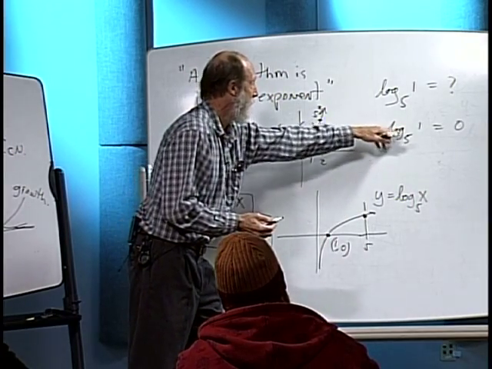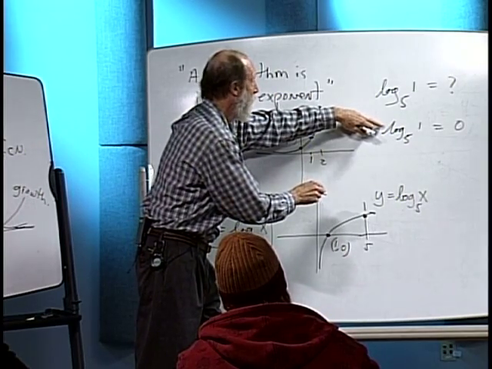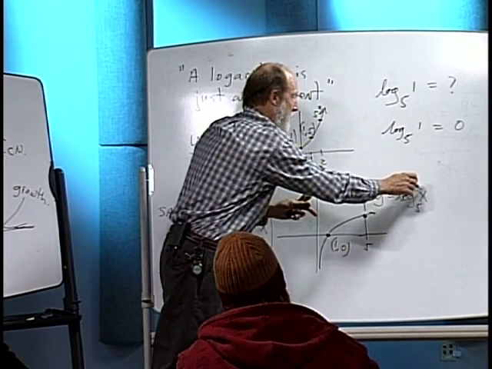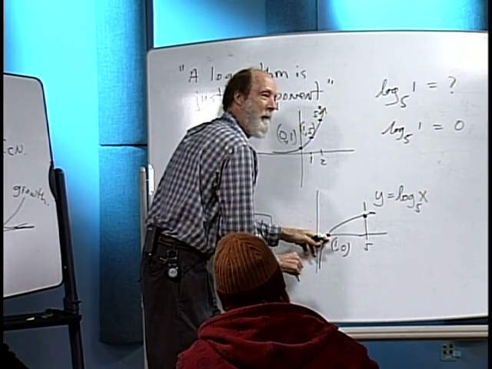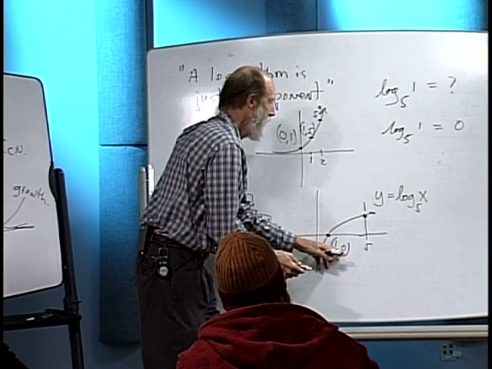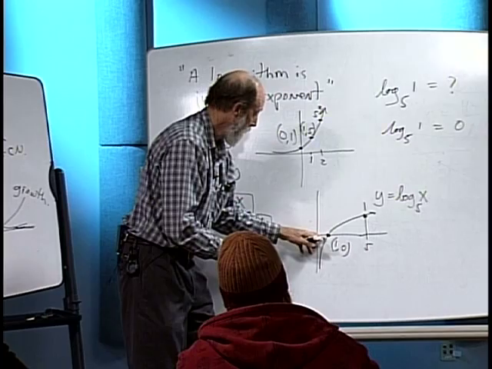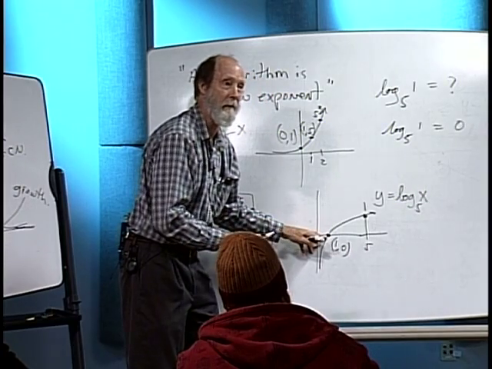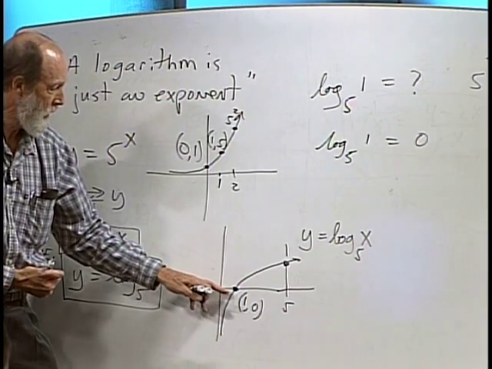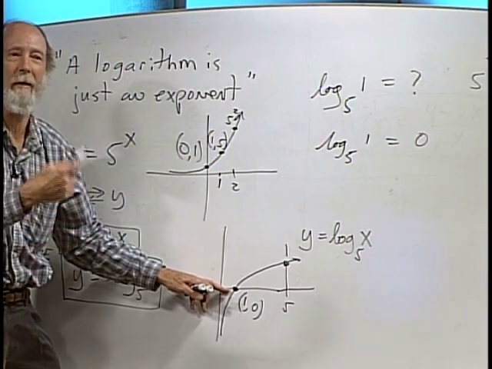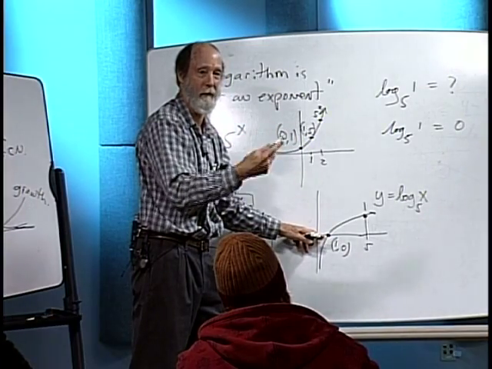Where is this information right here on this picture? What's the input? 1. So you go over to 1, and the output value is 0. This is the x-intercept of the logarithm. These take some practice. Just like everything, as you learn something new, it takes repeated practice to become proficient with it.